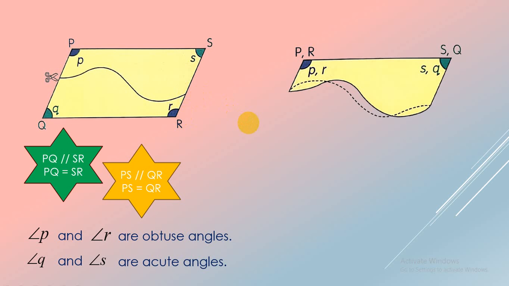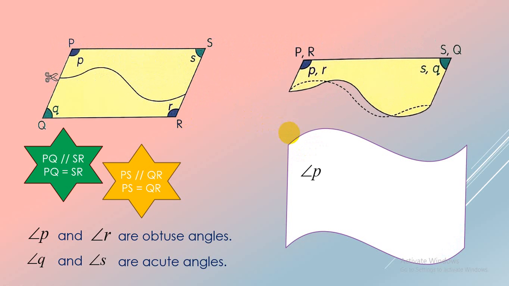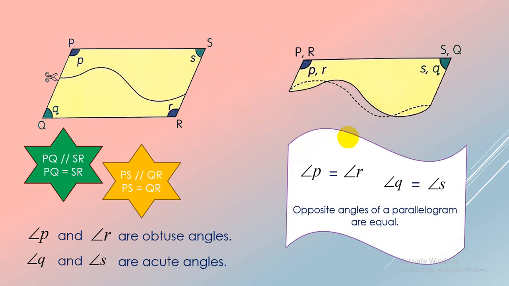So, it means we know that angle P equals angle R and angle Q equals angle S. We can say that the opposite angles of a parallelogram are equal. Next one.